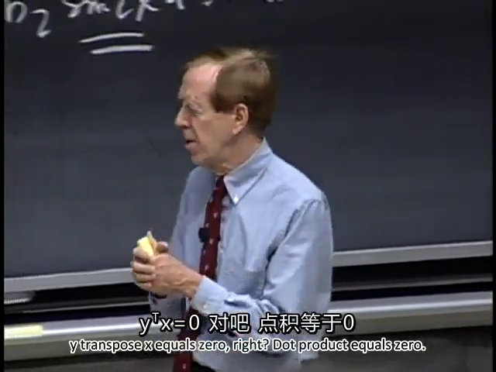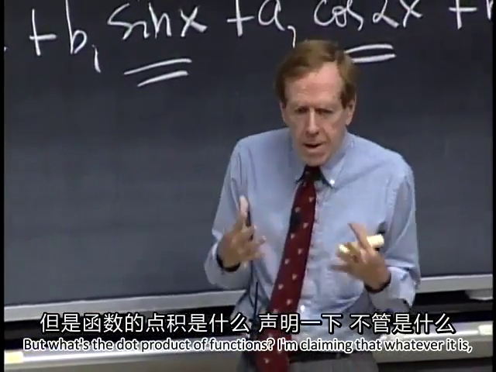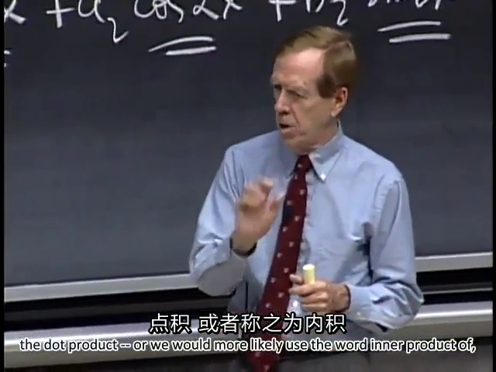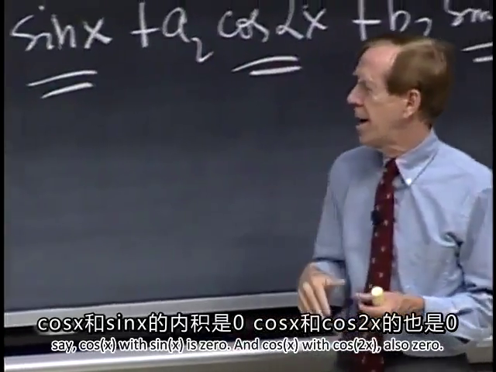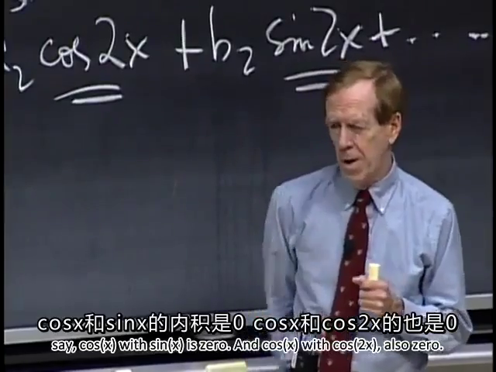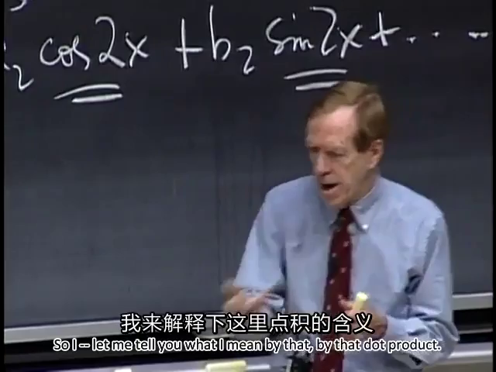Dot product equals 0. But what's the dot product of functions? I'm claiming that whatever it is, the dot product, or we would more likely use the word inner product, of, say, cos x with sine x is 0. And cos x with cos 2x, also 0. So let me tell you what I mean by that dot product.